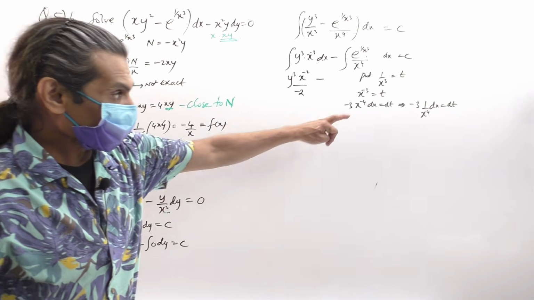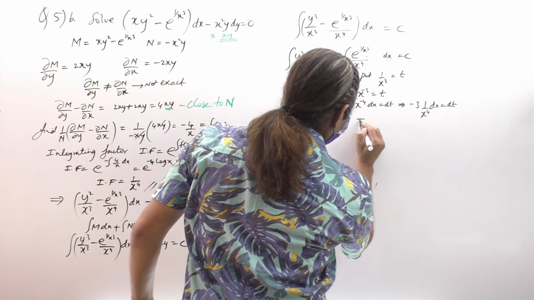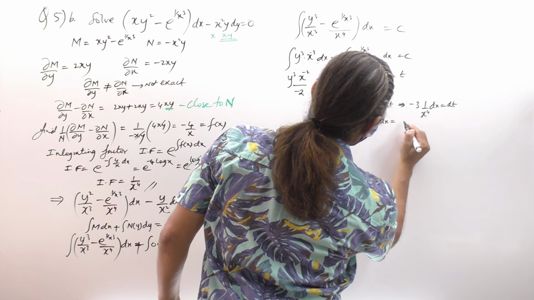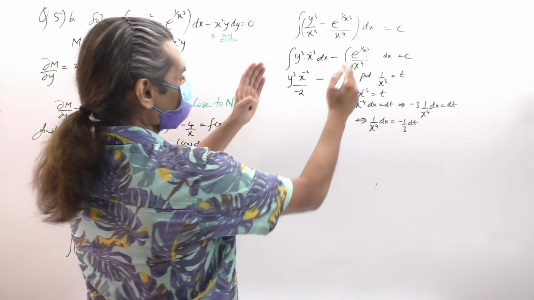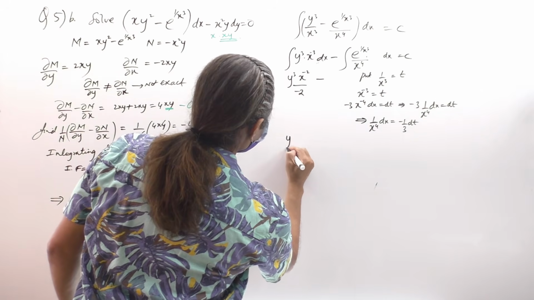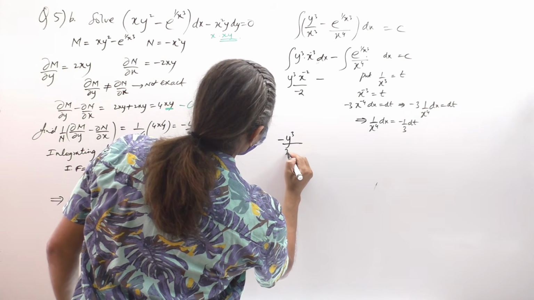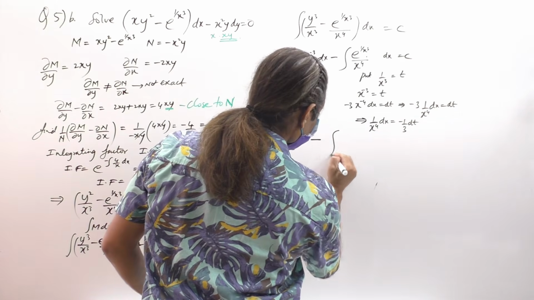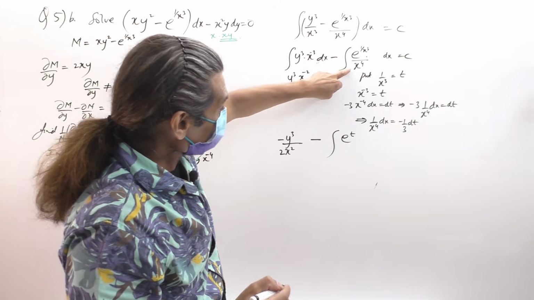Correct? Now see, I can replace 1 by x raised to 4. So that implies 1 by x raised to 4 dx is equal to minus 1 by 3 dt. 3 goes down. So that means this will be as it is, y cube upon, minus y cube upon 2x square as it is, minus, this will be now integration of e raised to t, what is 1 by x⁴ dx?